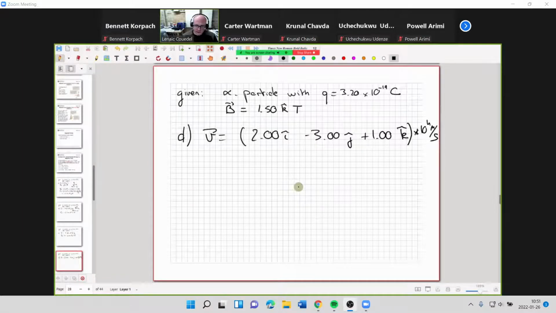Like you can still use the right-hand rule, but the only thing you know is you also have a combination of I hat and J hat as the answer. Why is there no component along K hat? Because V is parallel to B. Yes, so the component that is parallel to B does not matter.